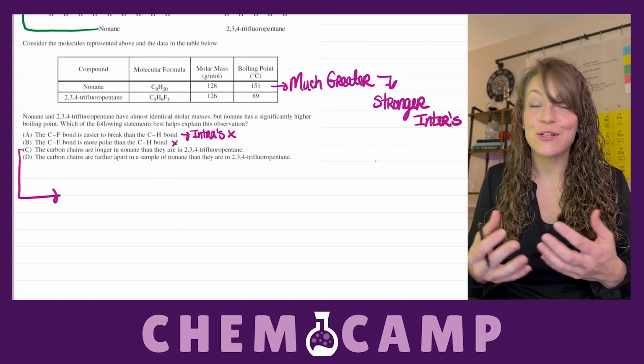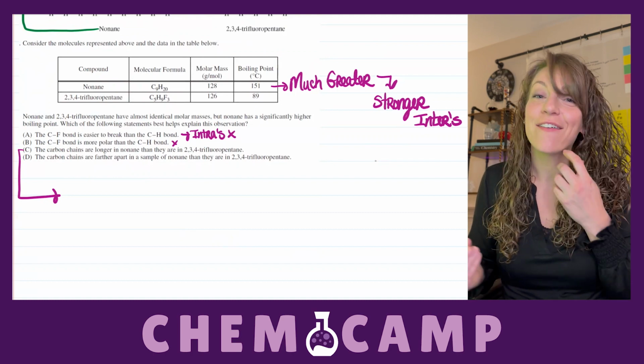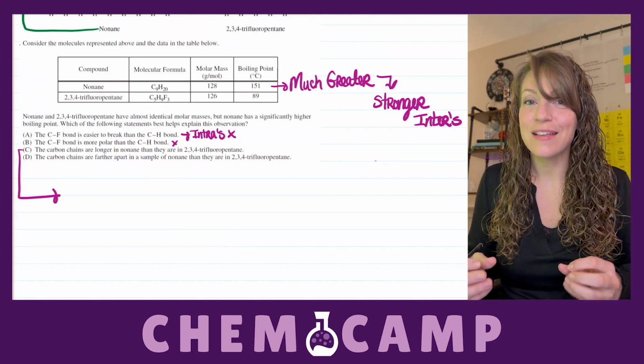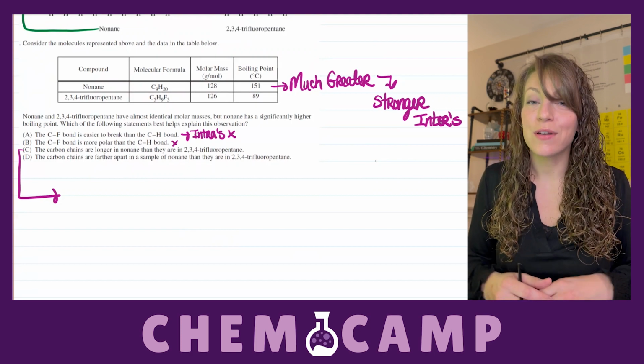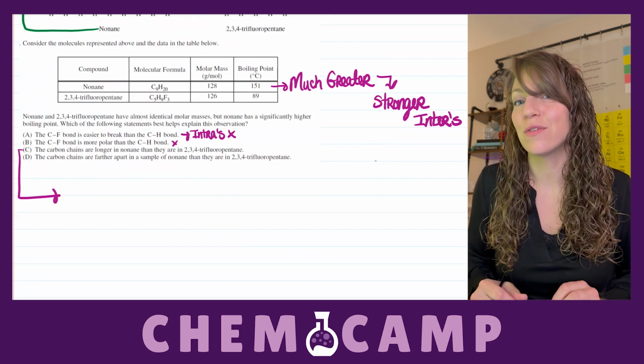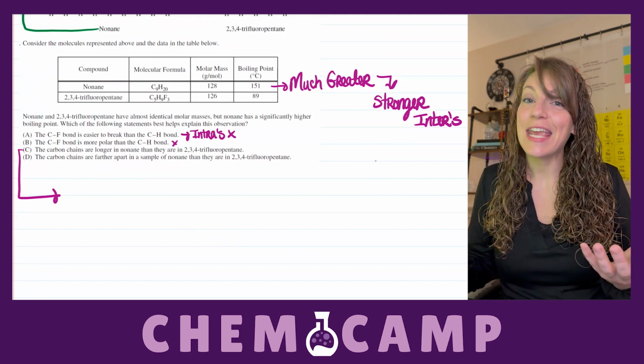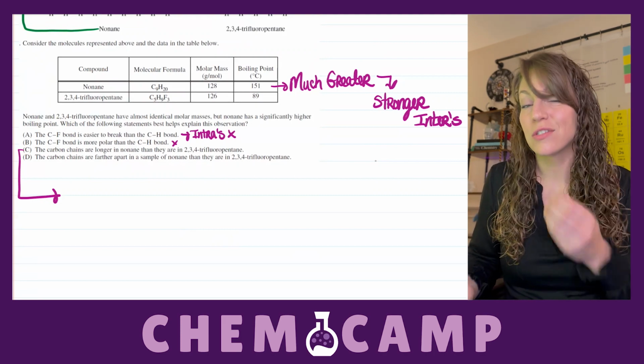Well, the larger or the longer the chain of the molecule, the more polarizable they become. In other words, the stronger the intermolecular force becomes. Not only that, but with your long chains, you wind up having a longer surface area.